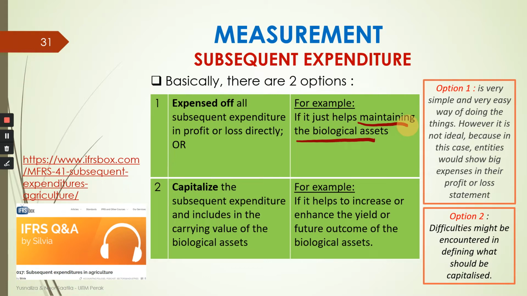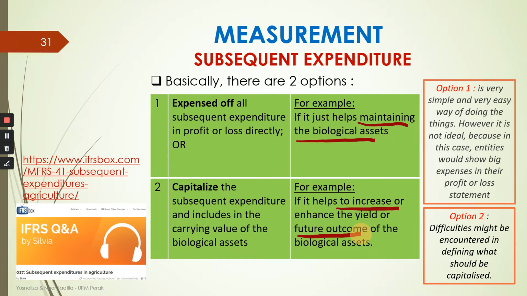Or you can capitalize, if you think that it helps to increase the economic benefits of the biological asset, for example, the cost that you incur helps to increase the quality of the biological asset significantly.